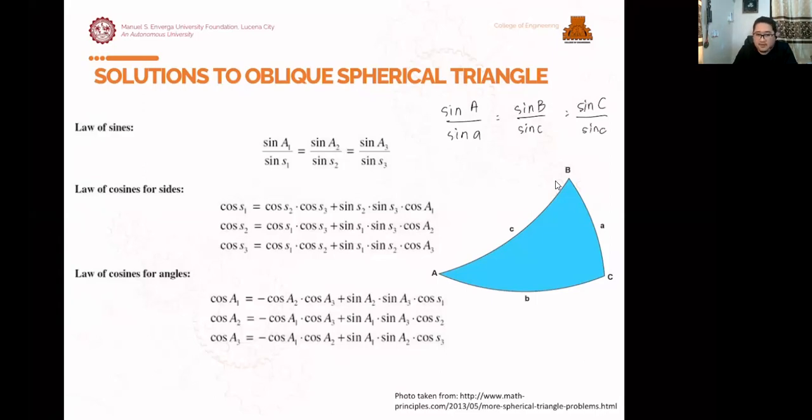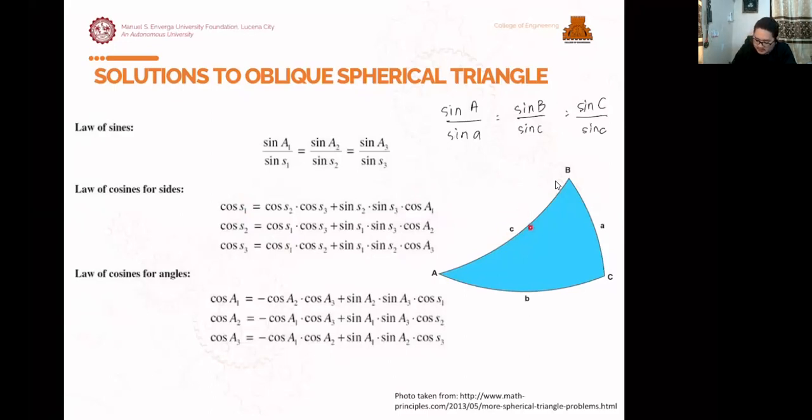Then for law of cosines, parang katulad lang din nung ginamit natin sa plane trigonometry. Kung ano yung naka-isolate na side, yun yung naka-angle dito. So, ibig sabihin, ang gusto natin ihanapin is si small side, si small c.